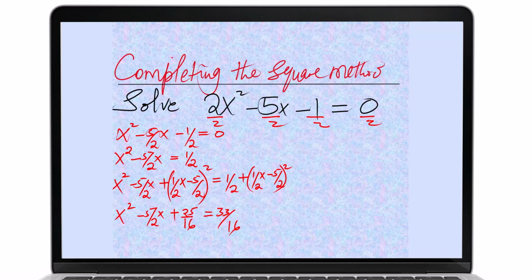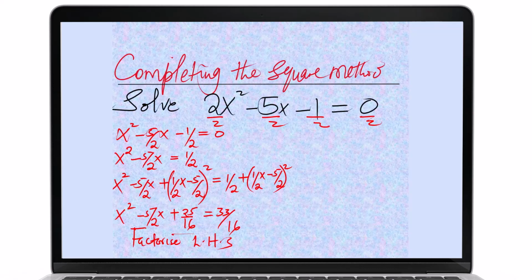So the other step we're going to do from there, we factorize the left hand side. When you factorize the left hand side, that is where we have x squared minus 5 over 2x plus 25 over 16. This is what you get. You will get x minus, factorizing that, this will be 5.